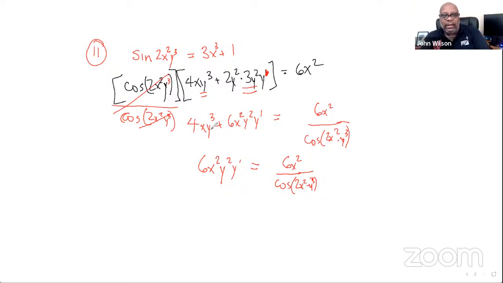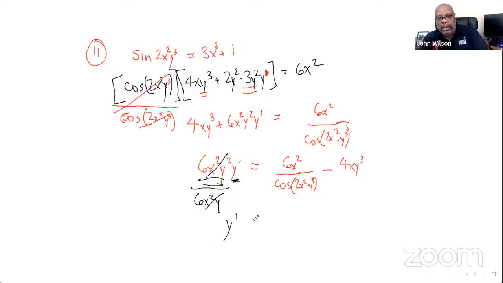But we got to subtract 4xy cubed from both sides. Now all we got to do is divide both sides by this right here. And nobody makes you simplify these. So you divide this by 6x squared y, leaving us with y prime, right?